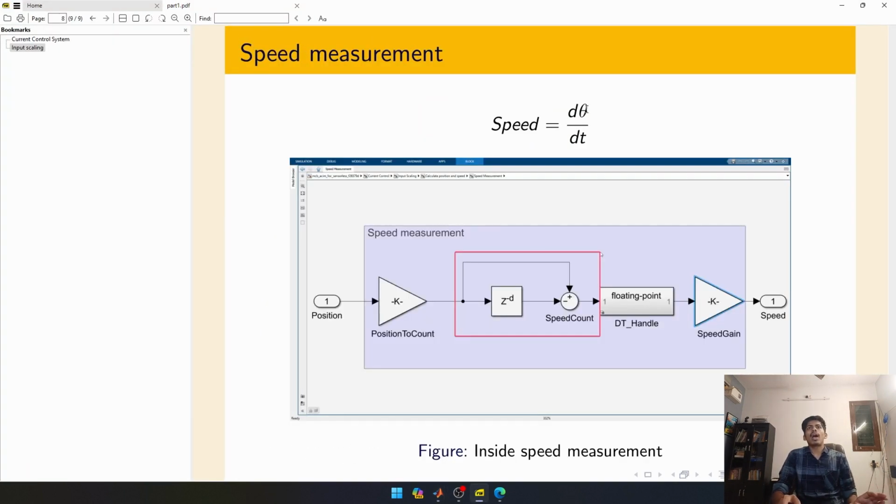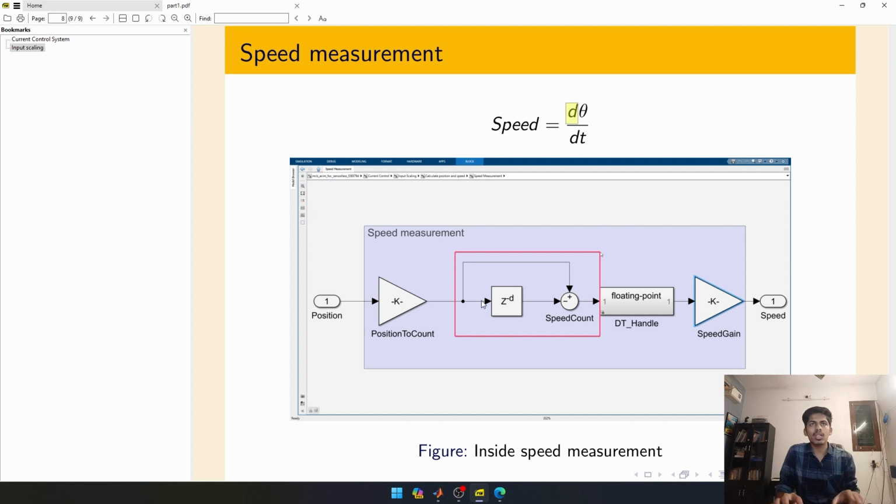As we know, the speed is nothing but the rate of change of position. If theta is changing quickly with respect to time, the speed is also high. Inside the speed measurement block, if you press Ctrl and U, you can go into that and see. All this is for data type conversion. The main core aspect is here.